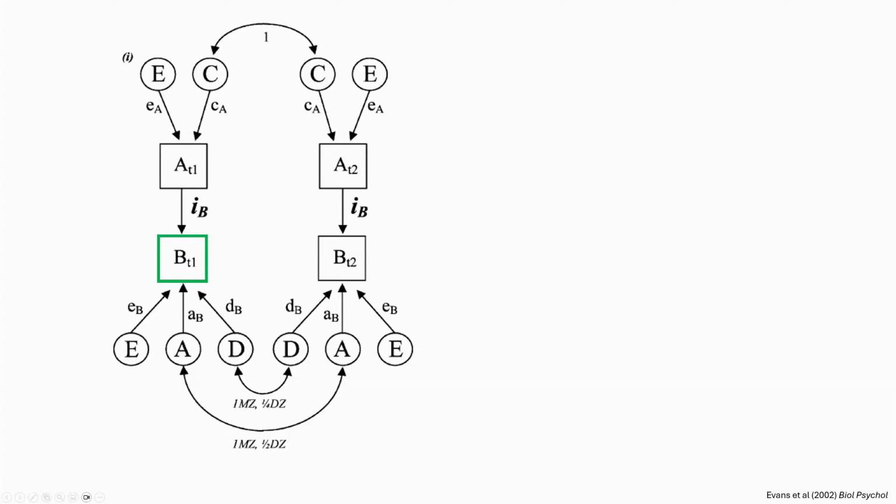We start at twin 1 variable B, trace backwards along the arrow to twin 1 variable A, backwards again along the arrow to variable C, then round the two-headed arrow, changing direction and then tracing forwards through the latent variable C, forward through the C subscript A path to twin 2 variable A. Remembering that the contribution of a chain of paths to the overall covariance is given by the product of the path coefficients, putting this all together gives IB times CA times 1 times CA, or CA squared times IB.